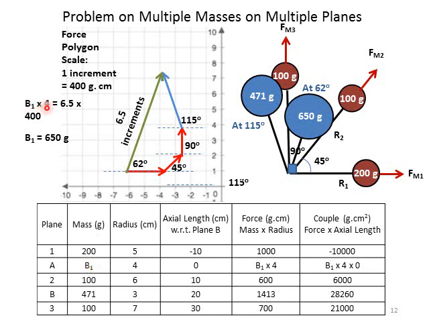So B1 into 4 is the force produced by the balancing mass B1. It is equal to 6.5, which is the magnitude from here till here, and because we are using the scale, we have to multiply 6.5 into 400 to calculate B1. Keep B1 on one side and the remaining numbers on the other side. We will get 650. So we have calculated B1 also.